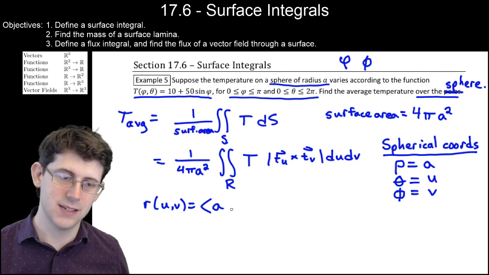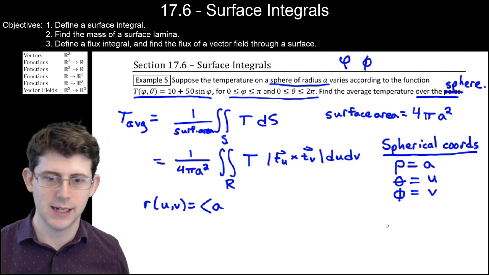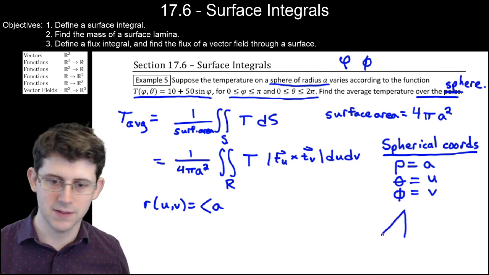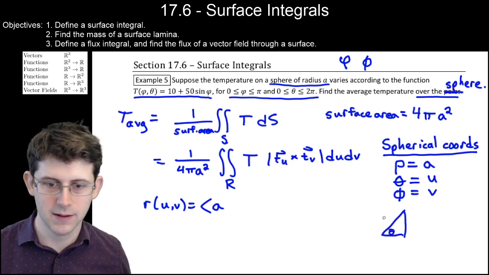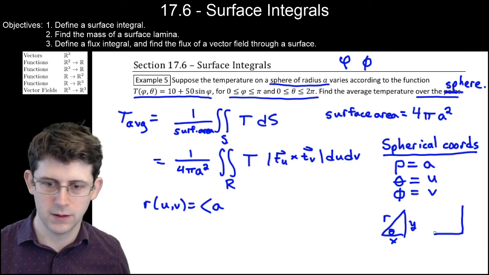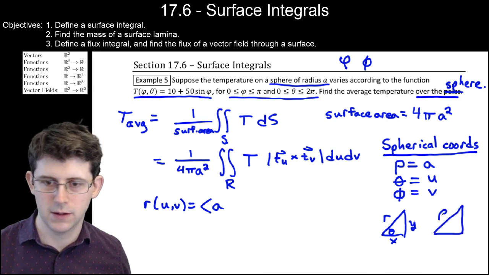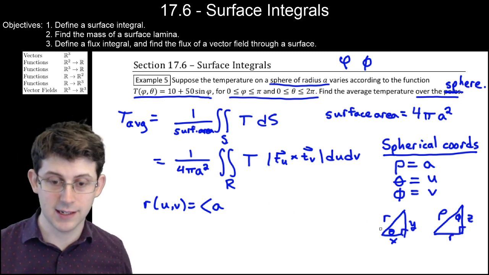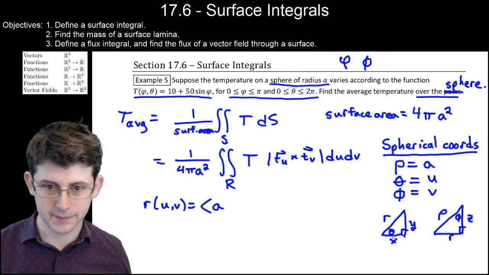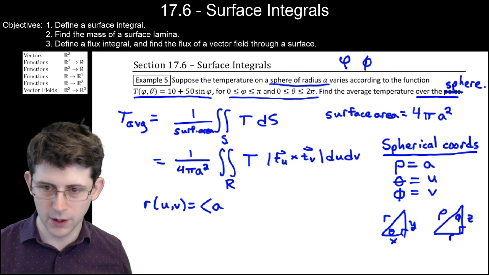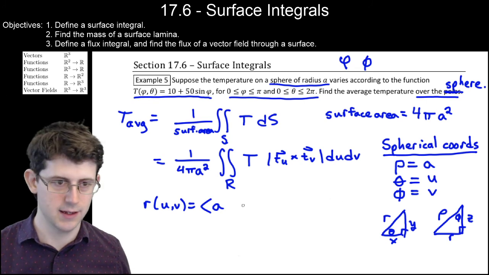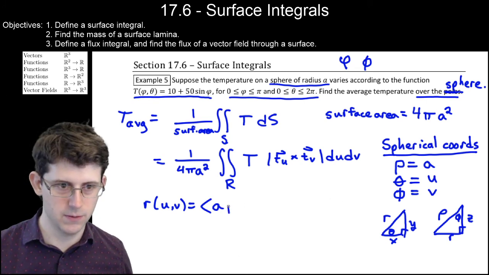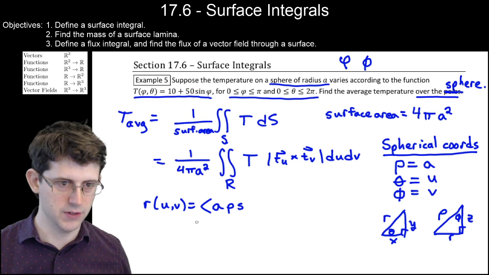Does it have cosine u and sine v, or cosine? I'm going to draw it. You could look up the formula for what x is in spherical coordinates. It's easier for me to remember how it works by drawing triangles. So x is r cosine theta, but r is rho sine phi.